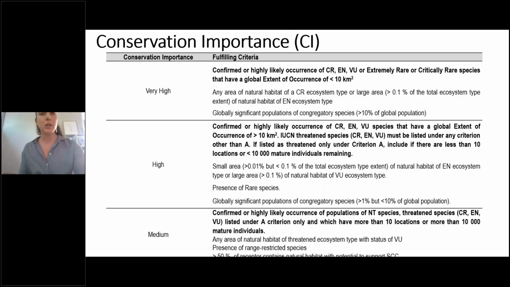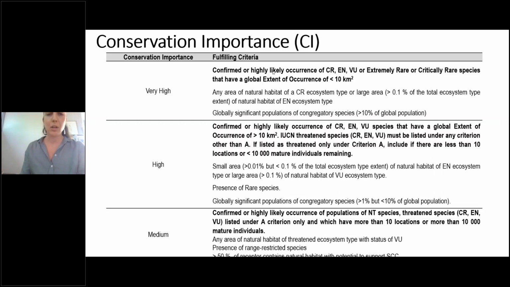Okay, so I won't go into huge detail here, but it's important for you to be aware that this is included in the guideline. So for the conservation importance, what we've done is identify the specific different levels of conservation importance, and for each one there are very clear qualifying criteria.